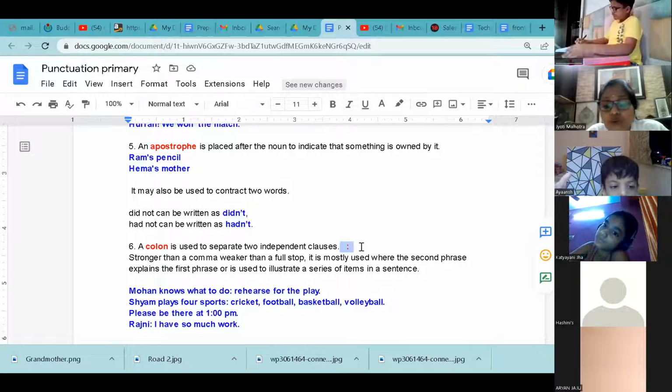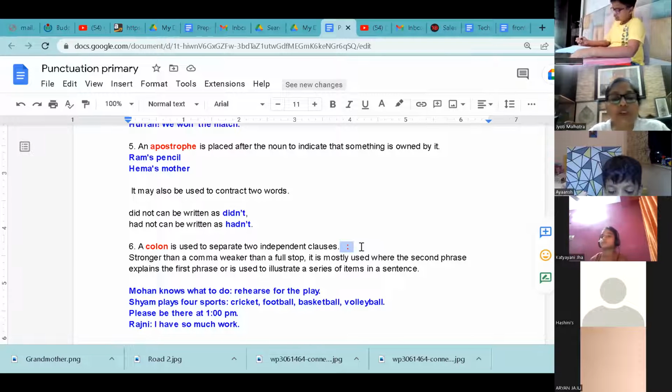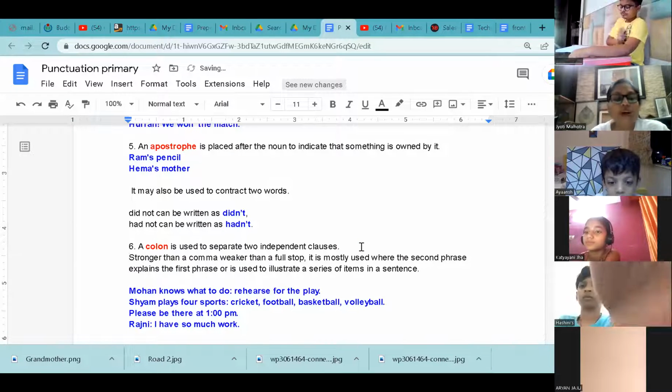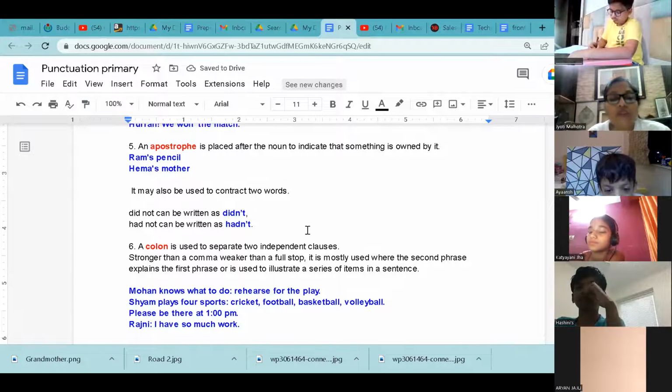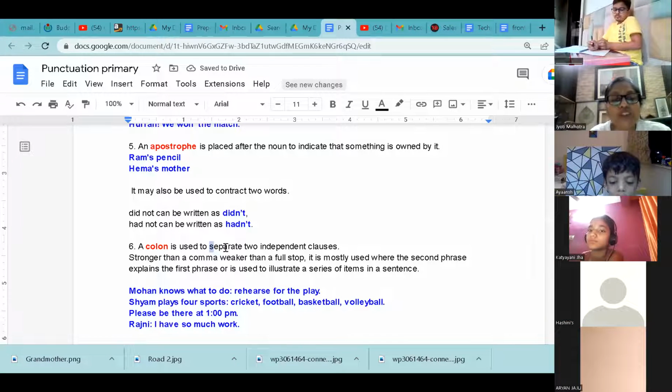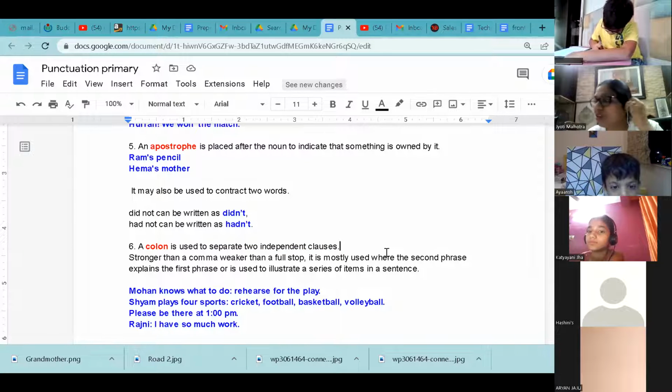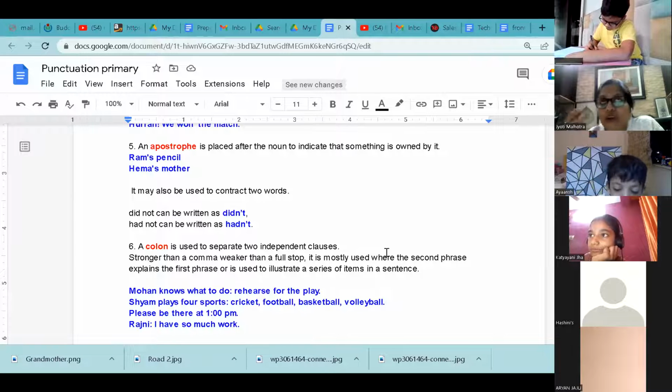Now, when do you use a colon? This is what I want to explain to you. First of all, it is used to separate two independent clauses. What are two independent clauses, children? To explain it simply, it is like two simple sentences combined with the help of a conjunction, but here you're not combining these sentences in that manner.